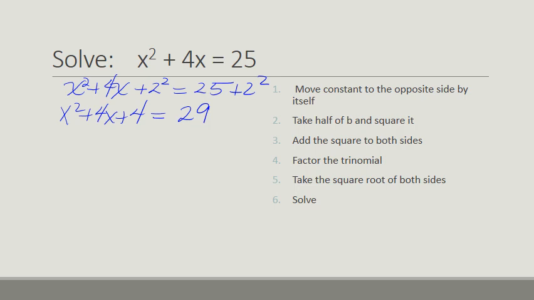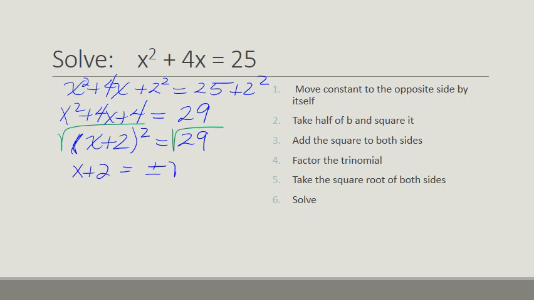Then I'm going to factor this so that I get x plus 2 squared equals 29. If I take the square root of both sides, that will give me x plus 2 equals, and we have to consider both the positive and negative square roots, positive or negative root 29.